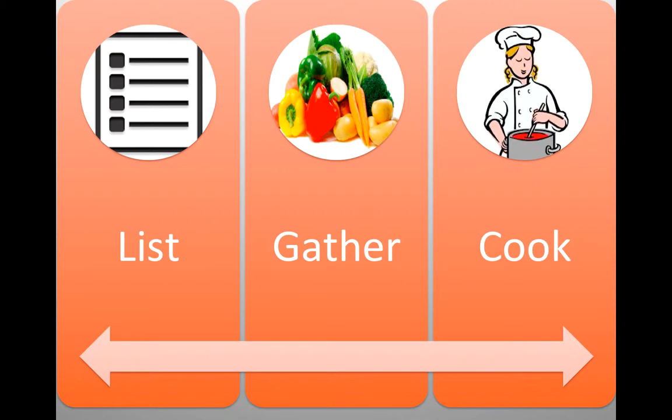I'm going to read through that recipe early on to determine what I need to purchase at the grocery store so that I can make that for my family. Then I'm going to read the recipe again when I'm ready to prepare it to determine what kind of equipment I need, what kinds of foods I need to get out of the refrigerator, what spices I need to get out of my cupboard.